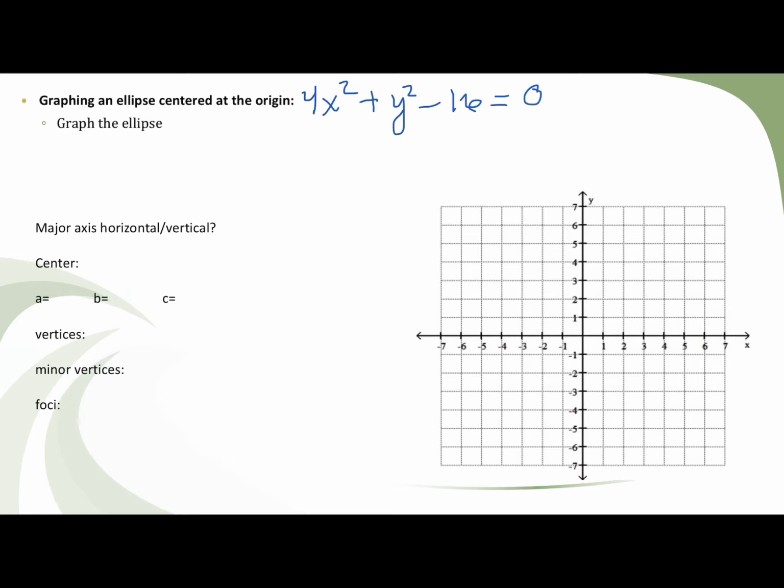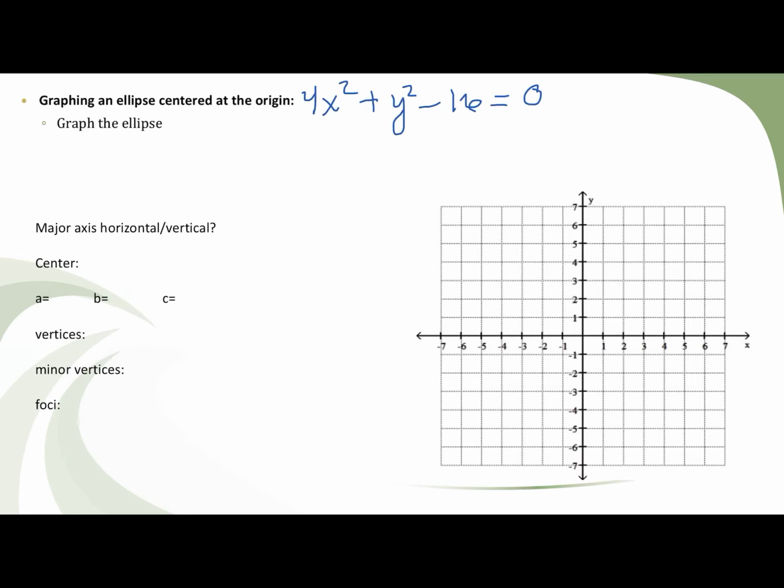All right, so do you notice what's the problem? This equation is not in the standard form, so I can't pick out a and b from this equation. So I need to change it to the standard form. If you remember what that standard form looked like from a couple screens back, it's equal to 1.